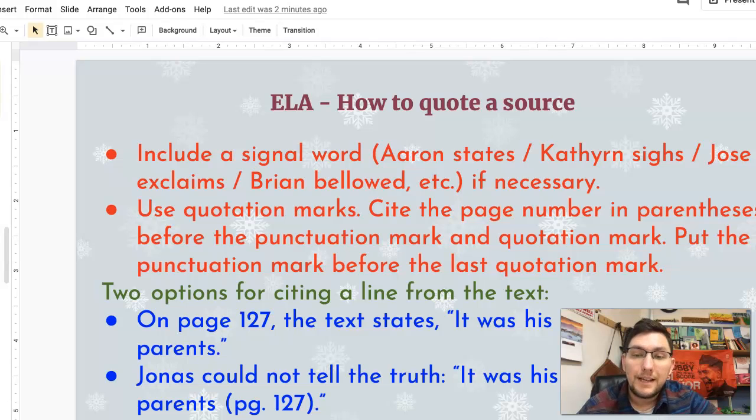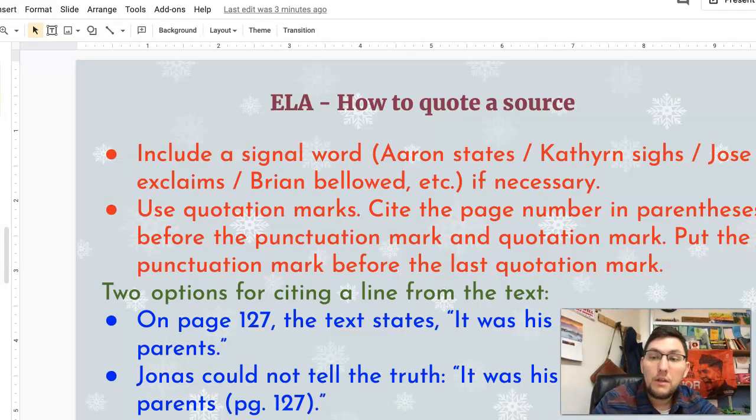The point of citing sources in essays, if you were to say, for example, that Jonas is someone who stands up for what he believes in, what is your proof for that? How do we know that? If you were to say that to someone who's never read The Giver, how would they know that you're being honest? How would they know that that's truly the person that Jonas is? Well, you provide proof. So that's what we're doing here.